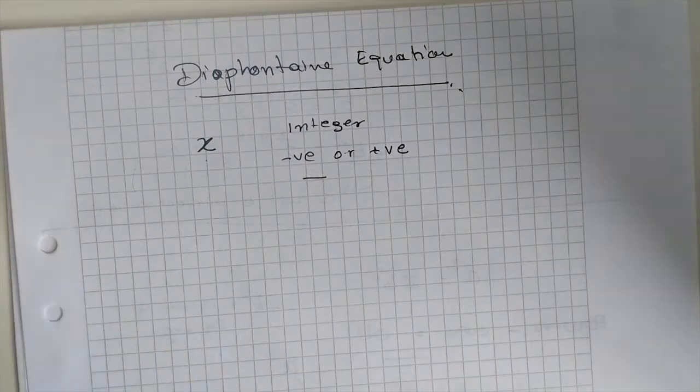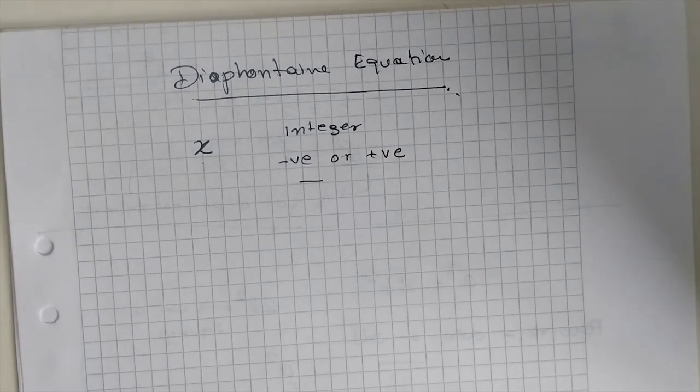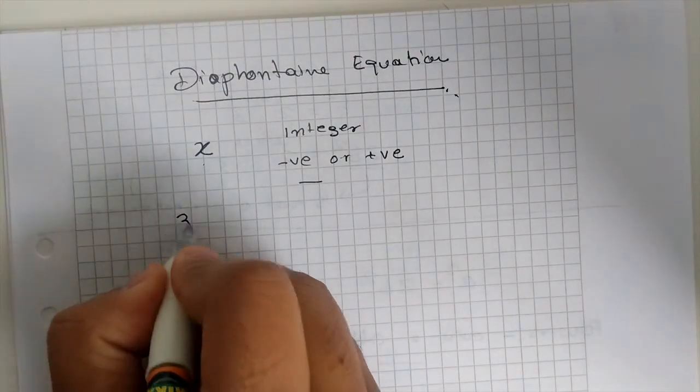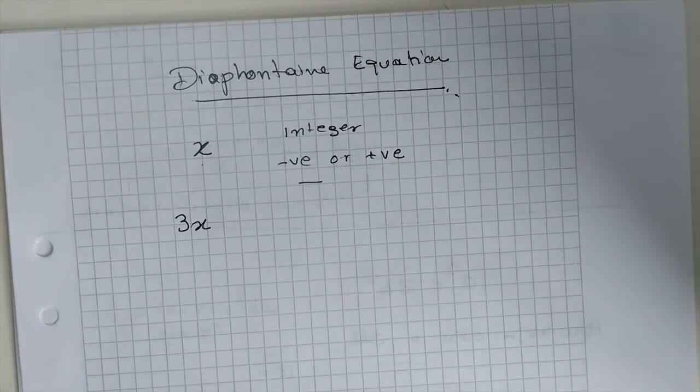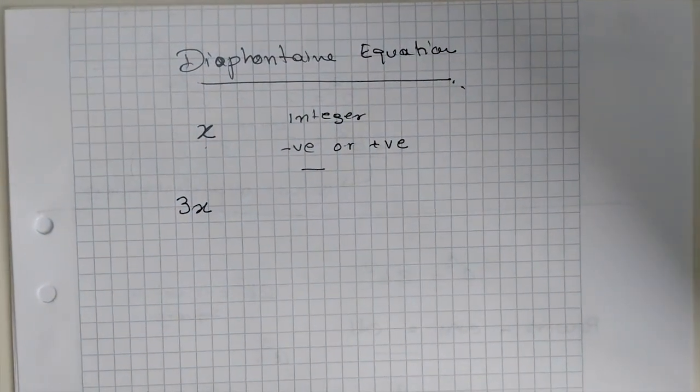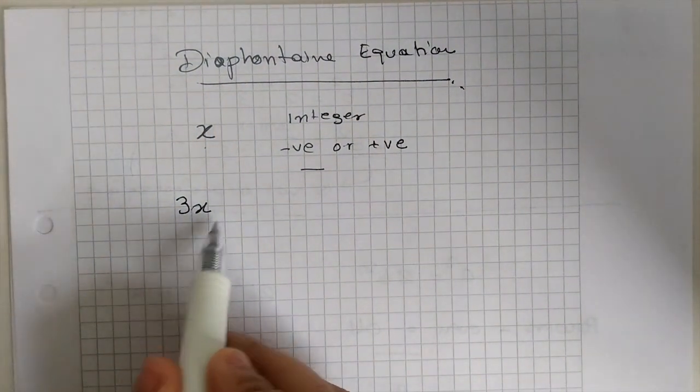The answer is any value. x can take on any number in the number line, from the negative side or the positive side. But then if I give you the number 3 times x, what values will you get?